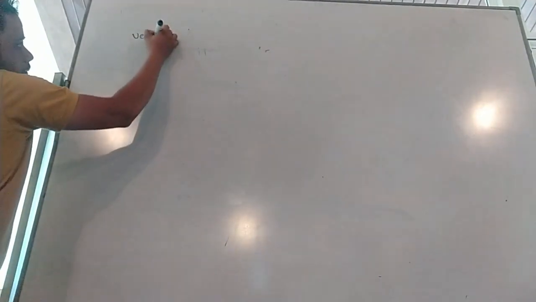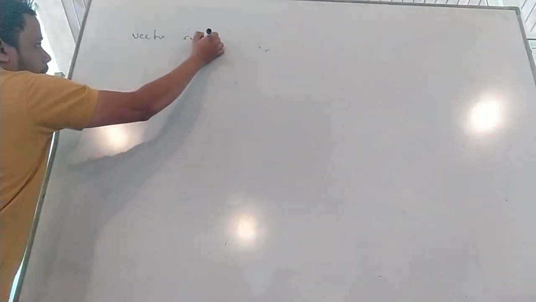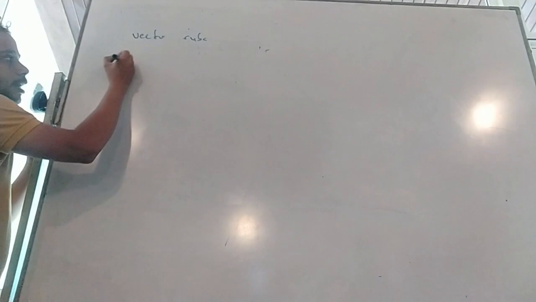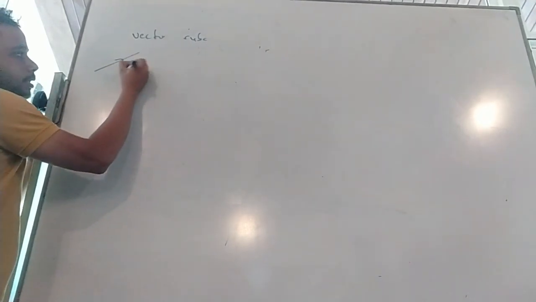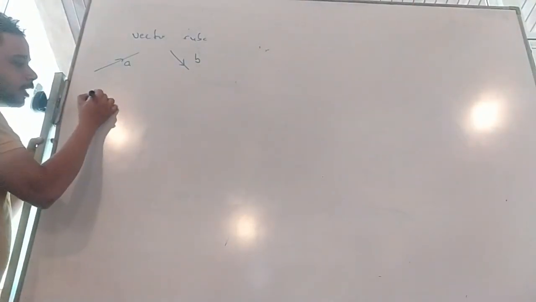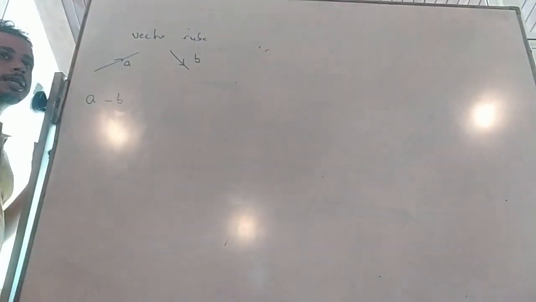And the next part is vector subtraction. Now when it comes to vector subtraction, let's say I have a vector A towards this way and B towards this way. What I need is A minus B. That is vector subtraction.